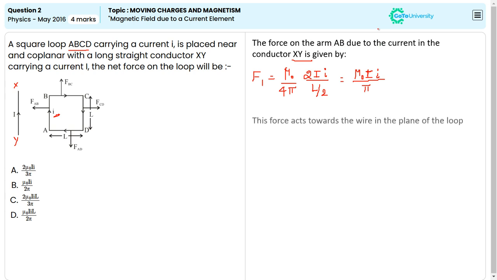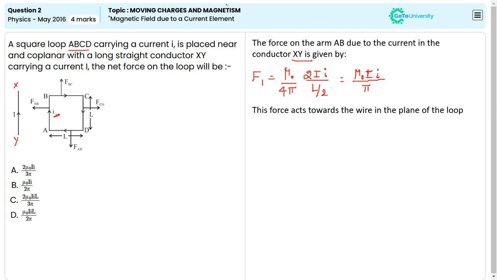This force acts towards the wire, in the plane of the loop.